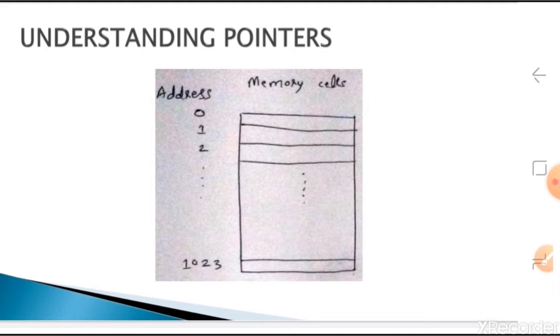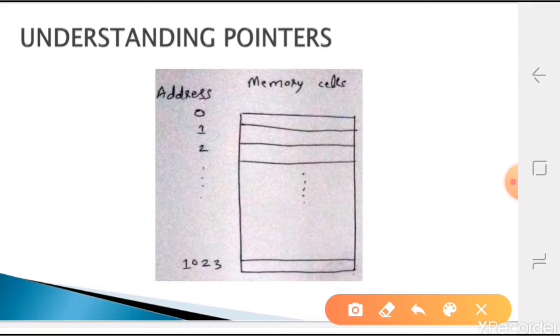So the memory runs from 0 to the maximum size. I am taking the example of 1k. 1k is 2 to the power 10, that is 1024 bytes, and all those bytes are shown as different boxes. Like this, memory will be there.